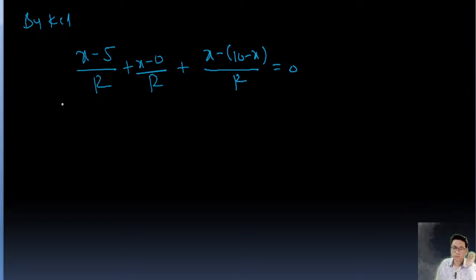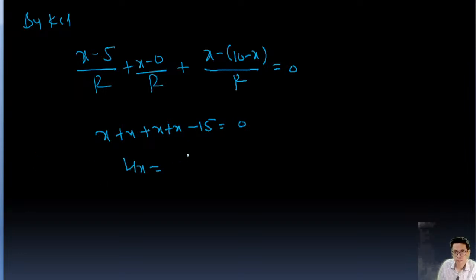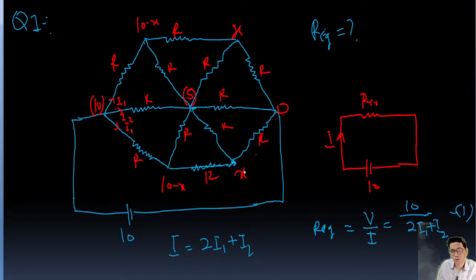R will go to the right hand side, which is 0. So x plus x plus x plus x minus 15 equal to 0, 4x equal to 15, so x equals 15 upon 4 volt. So this voltage is 15 upon 4 volt.